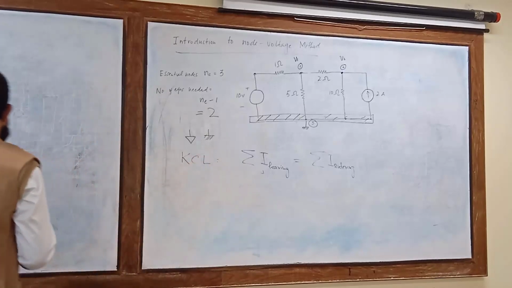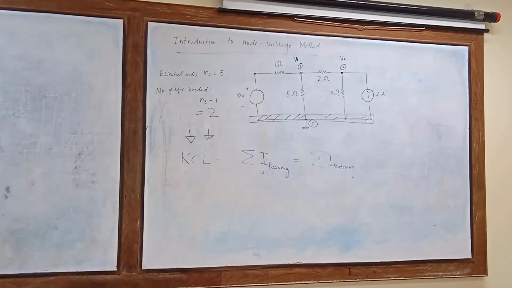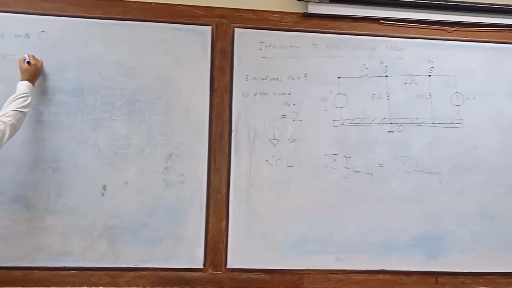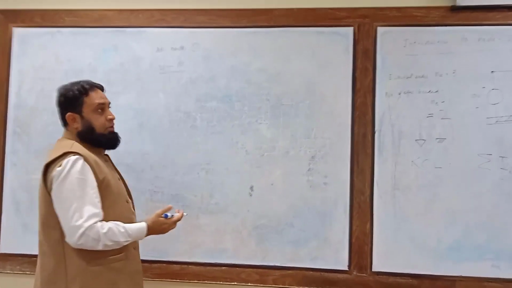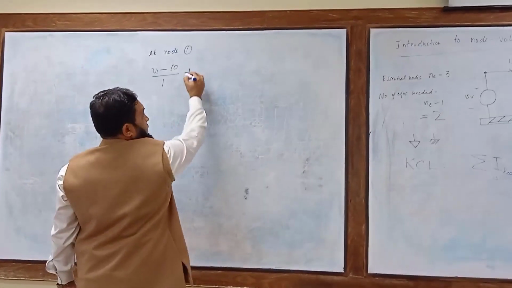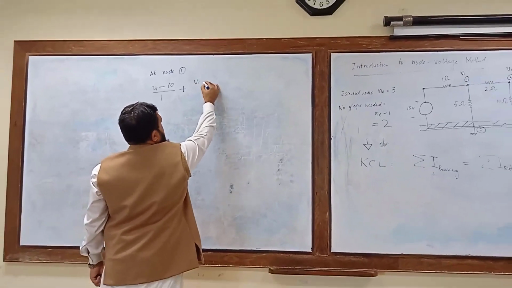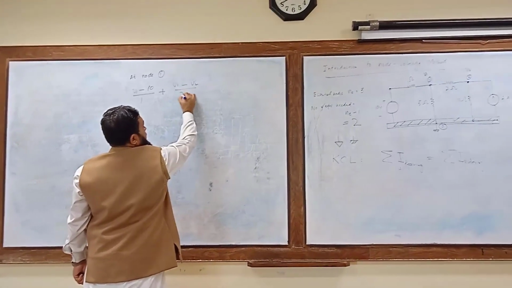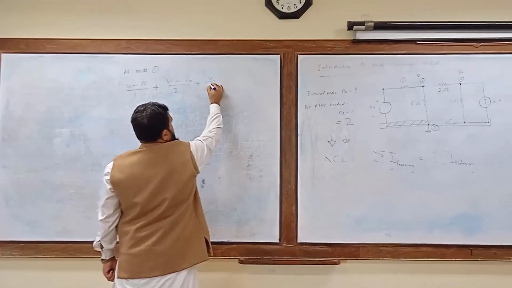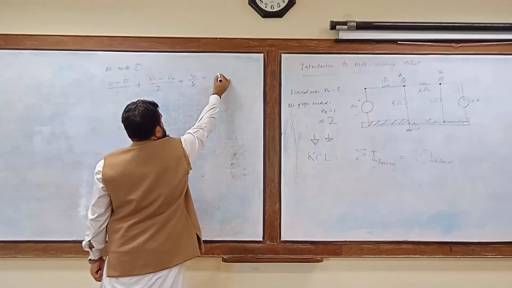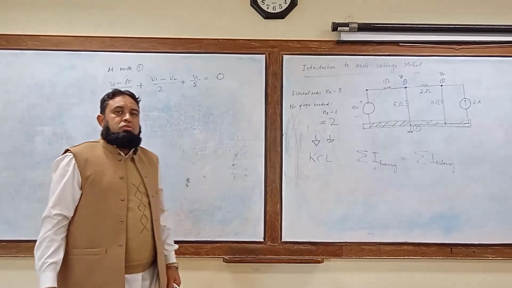Okay, so at node number 1, just apply KCL. So we can write this as (V1 minus 10 volt) divided by 1 ohm resistance, so this is the current, plus (V1 minus V2) divided by 2 ohm, plus V1 divided by 5 ohm, and there is no current entering, so it is equal to 0.